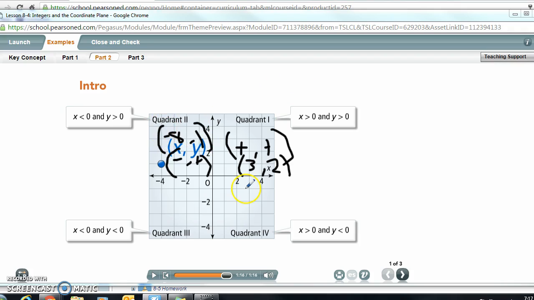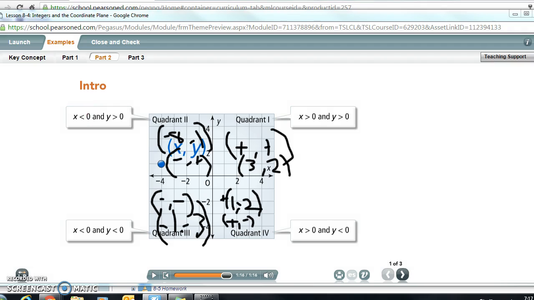Now if you have two negative numbers, a negative and a negative in your ordered pair, maybe (-1, -3), it'll be down here in quadrant 3. If you have a positive and a negative, like (2, -2), sorry, got that backwards, it'll go down here in quadrant 4.